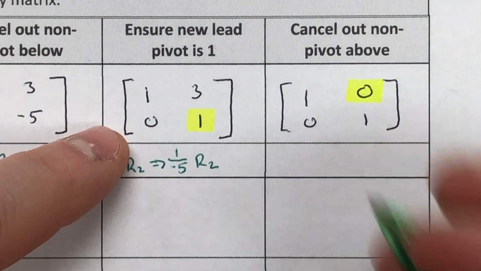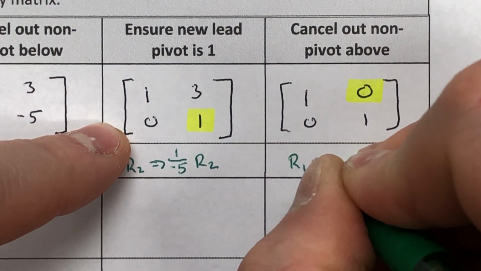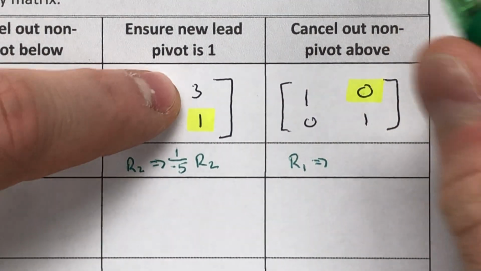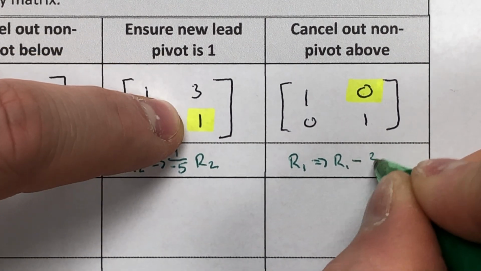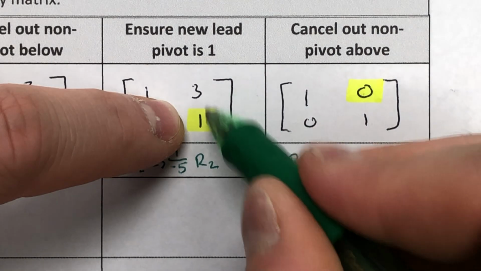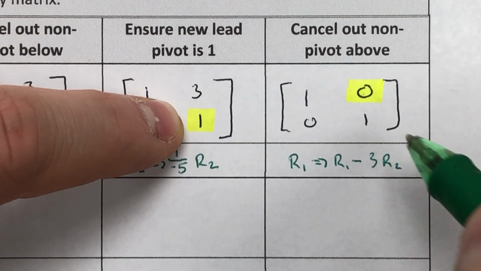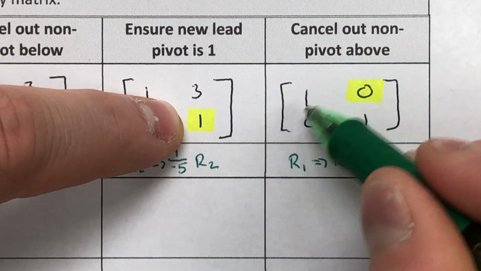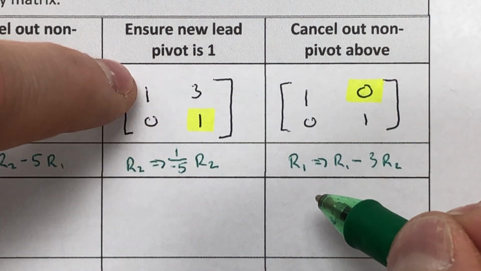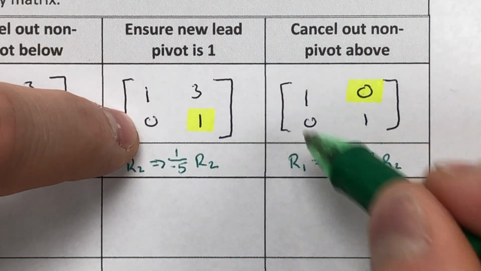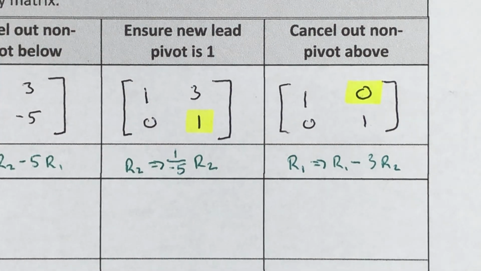Well, I'm first going to make a rule for row 1. If my row 1 has a 3, I need to take away 3 of row 2. So 3 minus 3 would give me a 0. And the good part is it won't affect my first term over here, the element in my first column, because 1 minus 3 zeros is going to stay a 1. Boom. And we have completely reduced this into reduced row echelon form.